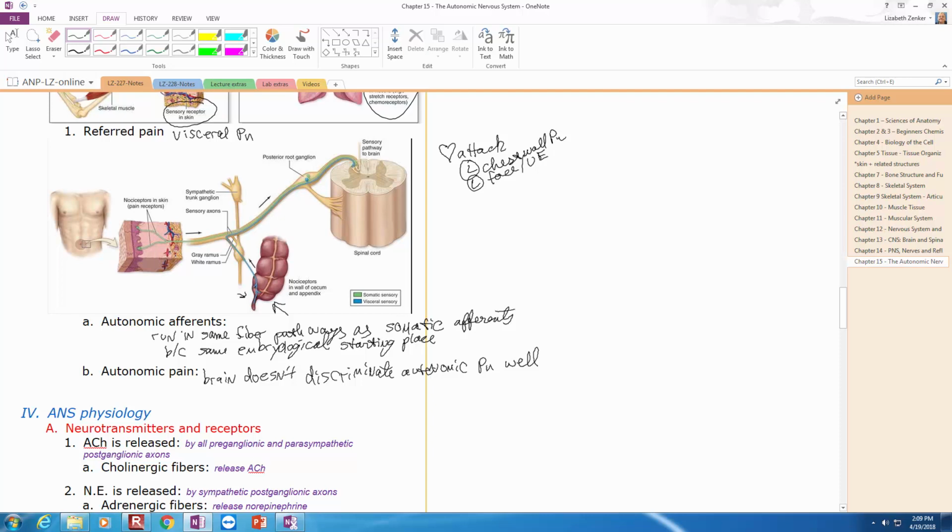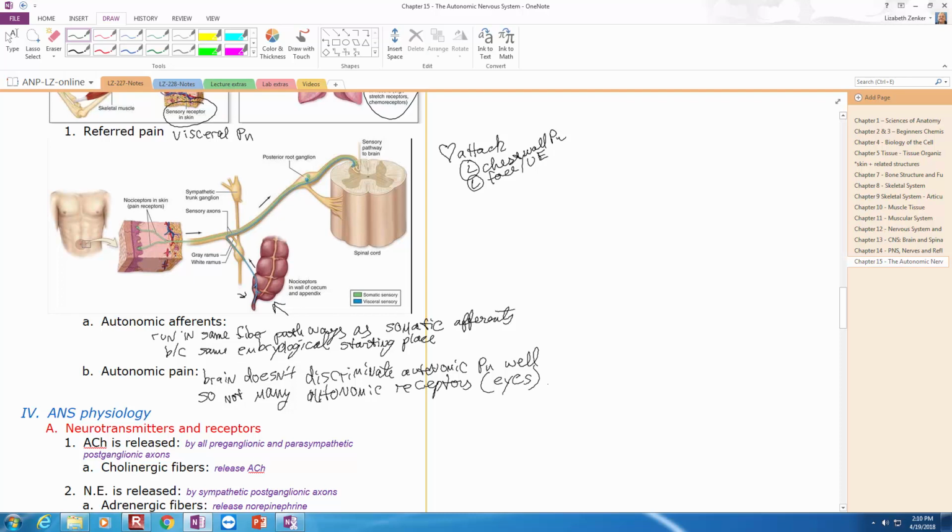And so you also don't have as many autonomic receptors, like eyes, to tell you what you're experiencing.